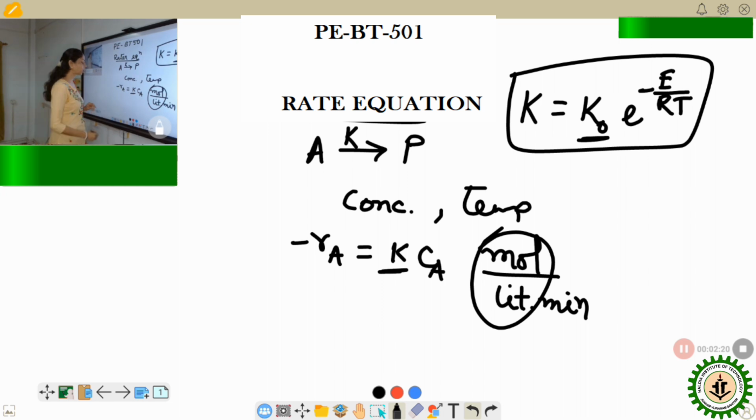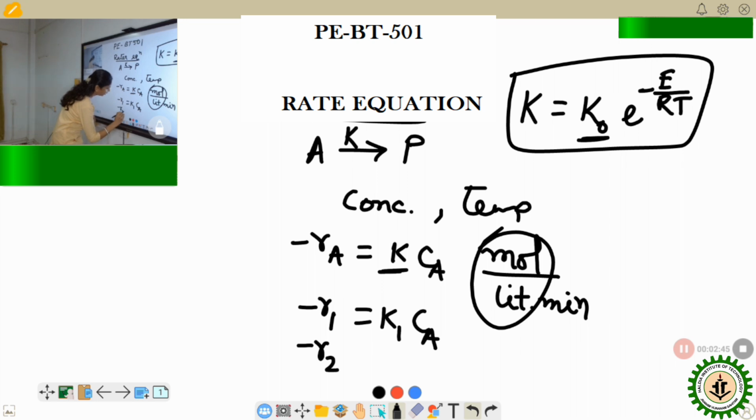What is it? If the concentration is constant, then for temperature T1 we can write minus R1, suppose that is the rate at temperature T1. The rate constant will be K1 CA, and for temperature T2 I can write this, because I told you that when we are considering the temperature dependency, we will keep concentration constant.